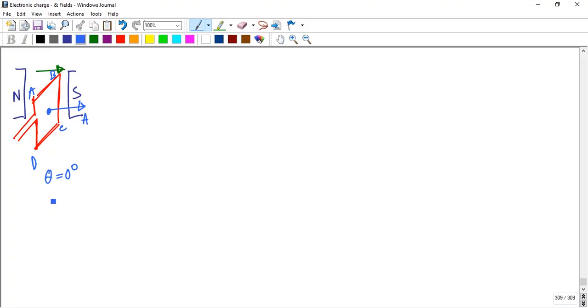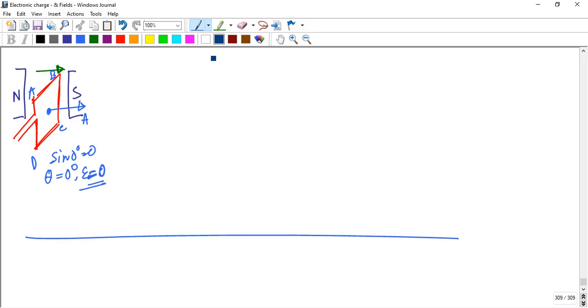If theta is 0, sine 0 is 0, that means EMF is 0. So if I plot here, the y-axis is induced EMF, and at this position there is no EMF.